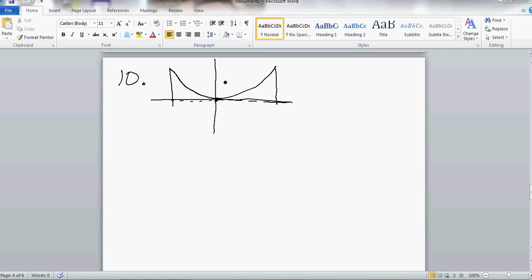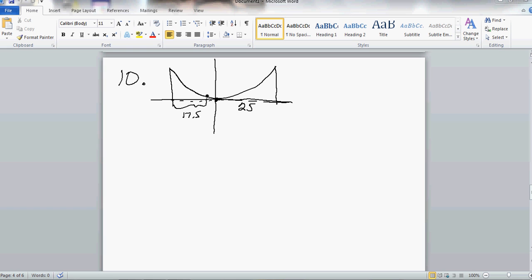Now the towers are 50 inches apart. So if this is 50 inches apart, then that means 25 here, 25 here. That's pretty simple. And at a point between the towers, 17.5 inches along the road from the base of one tower, the cable is 0.56 inches above.